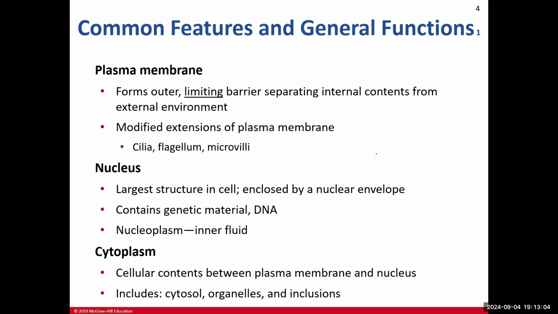All right, so we'll see here with the plasma membrane, a lot of times on the outside, it can be just a regular plasma membrane, but we can also have some modifications to that plasma membrane. And some of those modifications, or extensions, could be these three things: cilia, which are like these hair-like appendages that wave back and forth, right? That can move things by a cell. And then you have the flagellum, and there's only one cell in the human body that contains the flagellum.